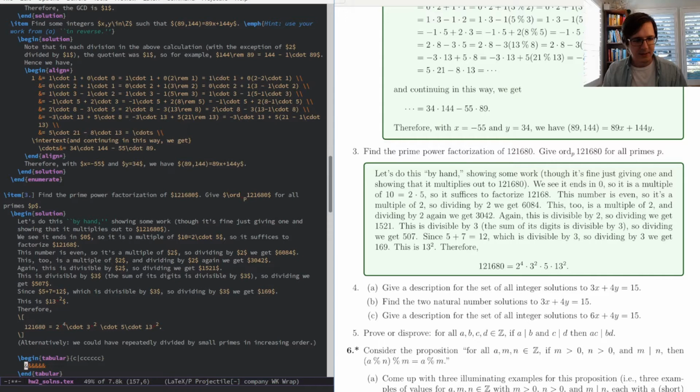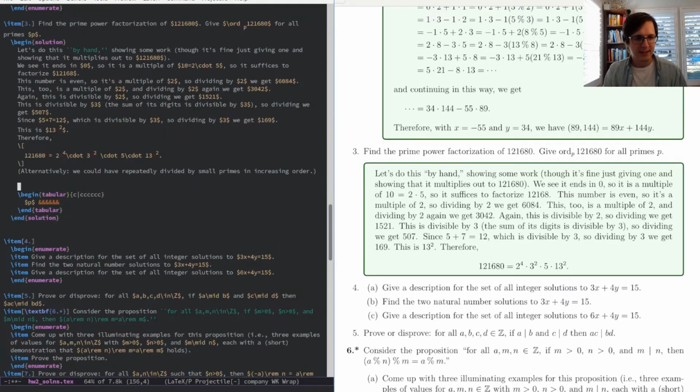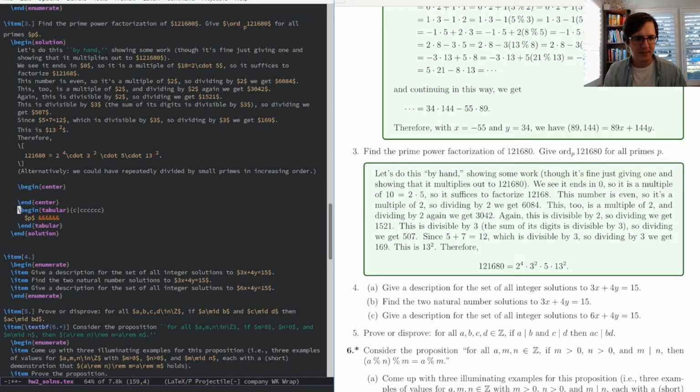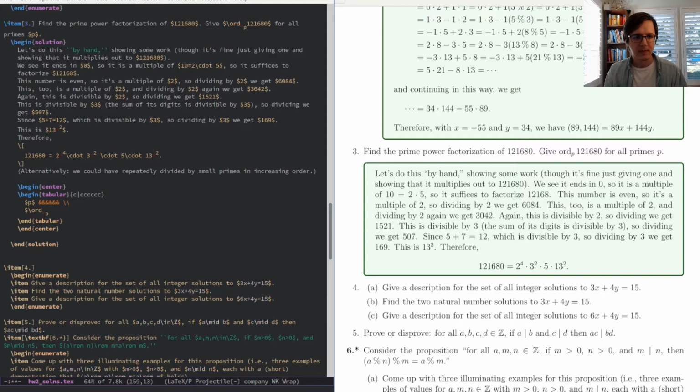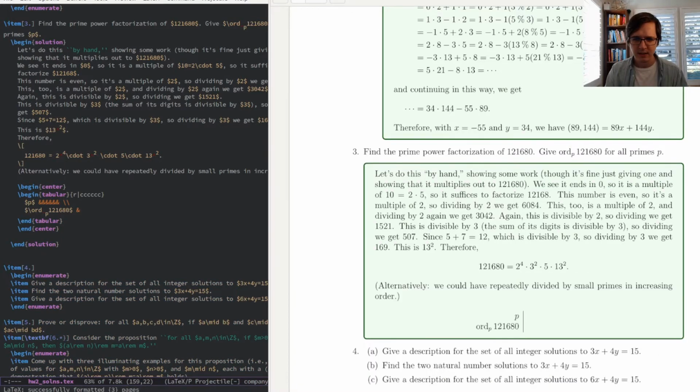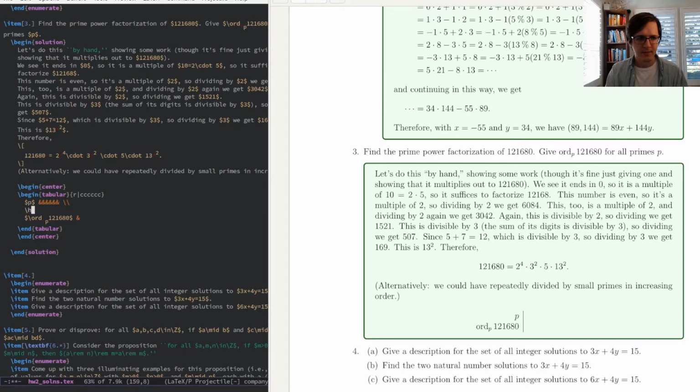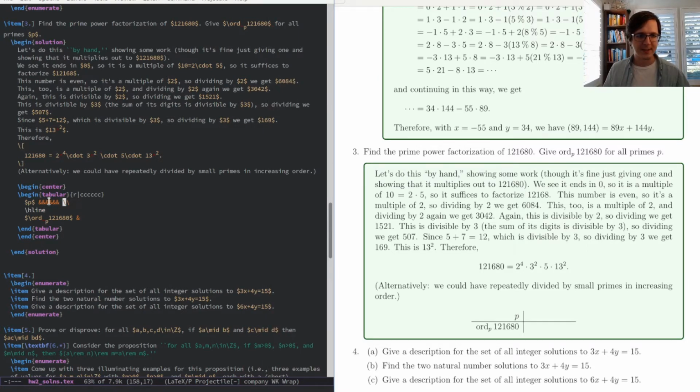So here's what I'm doing. I'm creating, oh, I should also center it. I'm going to actually make this right aligned. So I'm just making a little table of what ord is for each of these primes.